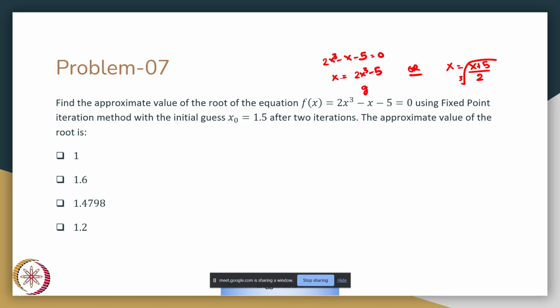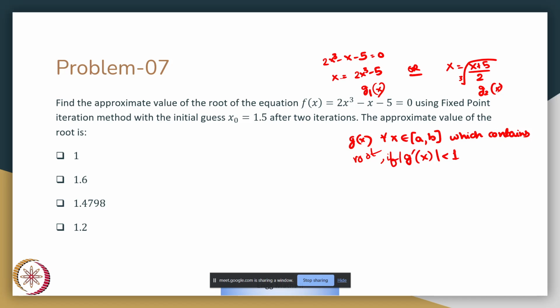I'll write the first one as g1 of x and the second one as g2 of x. Which of these should we use? For fixed point iteration, we know that if we have g of x for all x belonging to a to b, which contains the root, then we require the modulo of g dash of x to be strictly less than 1.